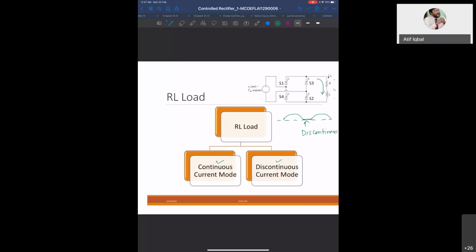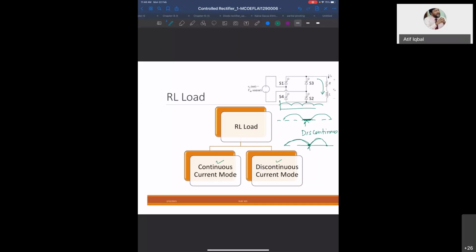Now, if you have a situation where your current is touching 0, and continuous current is like this, it is not touching 0. But discontinuous, you have for some finite period of time it remains 0. But what about this situation when it just touches 0 and goes up?